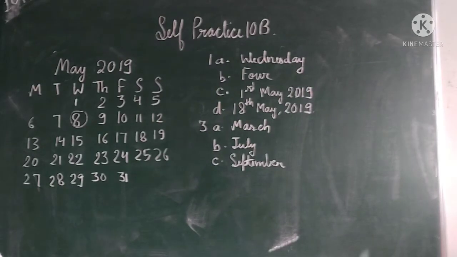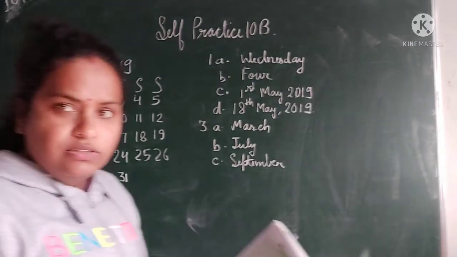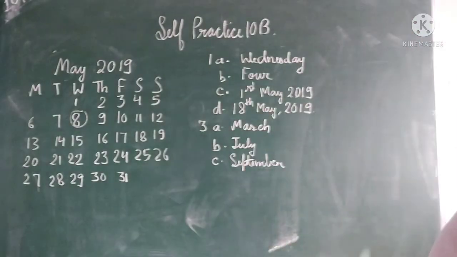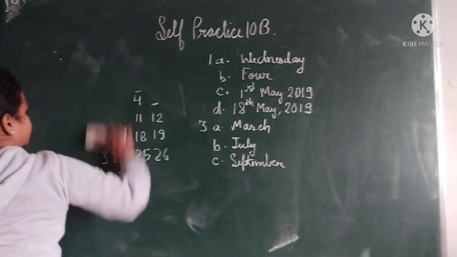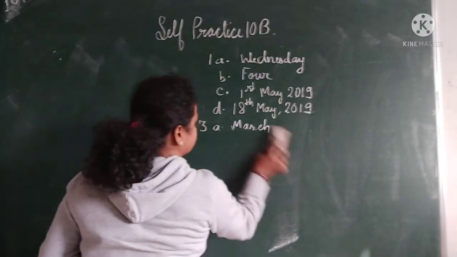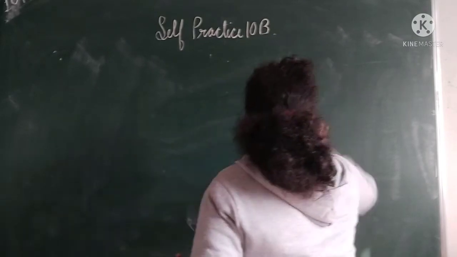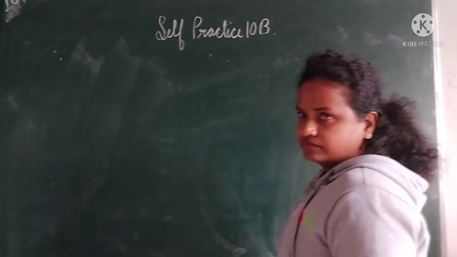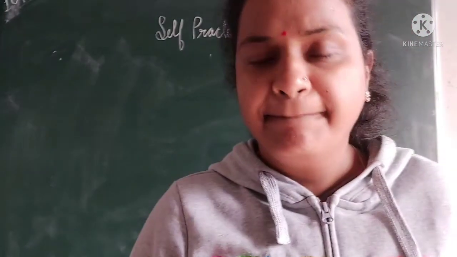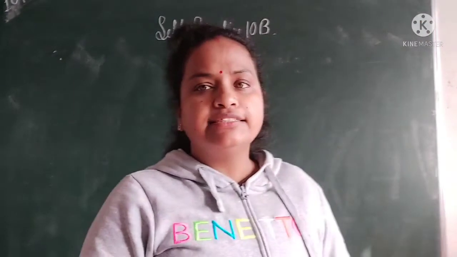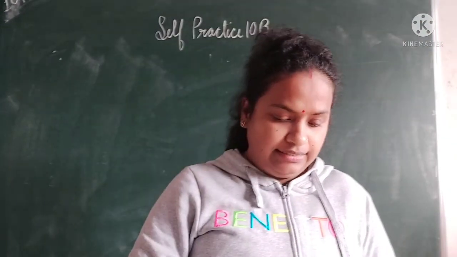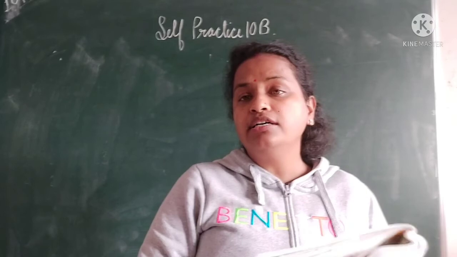So now last question, question number 3. So let's do the last question of this exercise. Look at the calendar of 2019 and then you have to follow the questions.